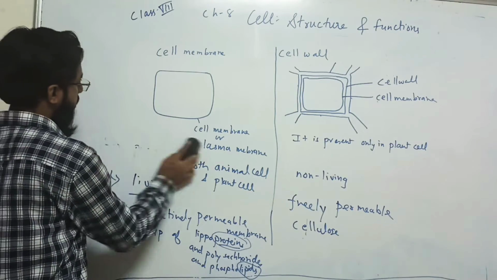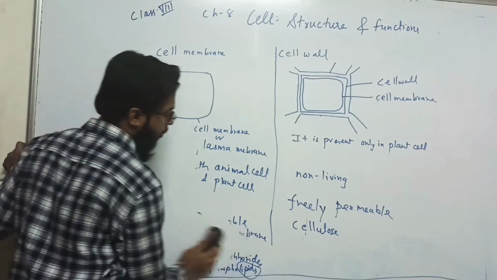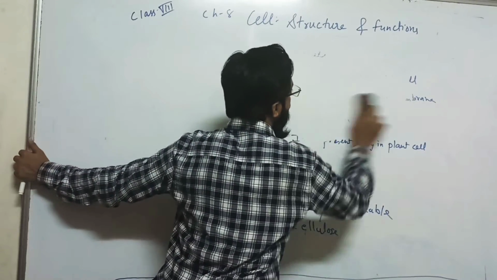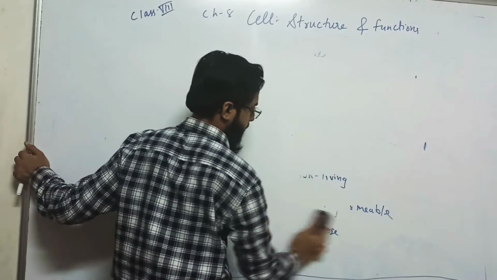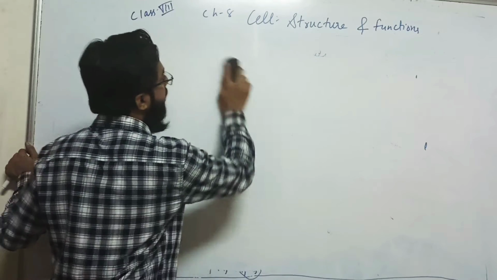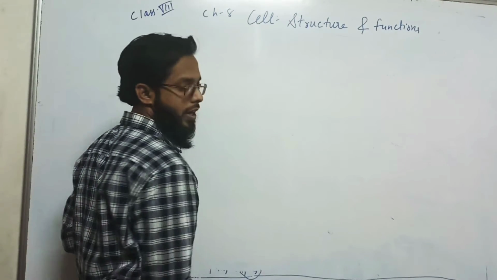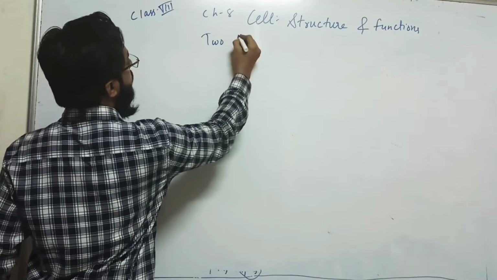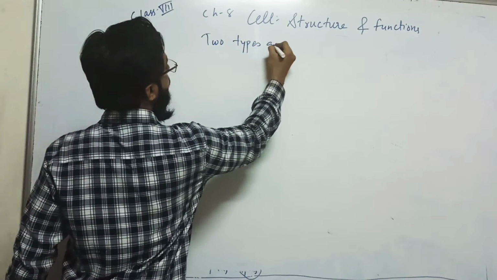Now let's talk about two main kinds of cells, that is prokaryotes and eukaryotes. If you have a doubt regarding cell wall, cell membrane, you can ask me. Now there are two main types of cell.